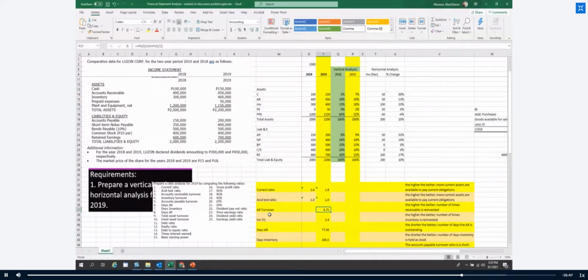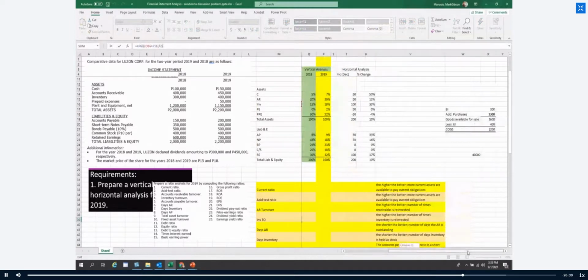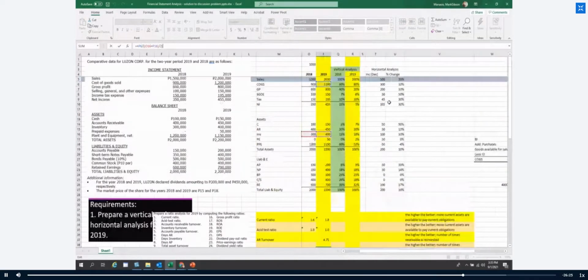Next, we have the inventory turnover. Okay, so for the inventory turnover, what's the partner of inventory? It's actually your cost of goods sold. So to calculate for your inventory turnover, you have 1,200,000 for your COGS, and of course, you have to get the average again of your inventory.